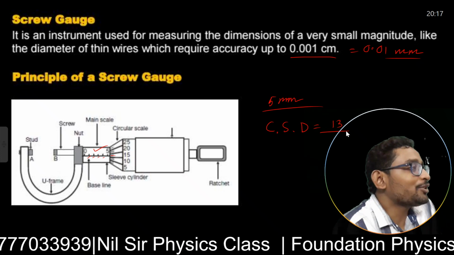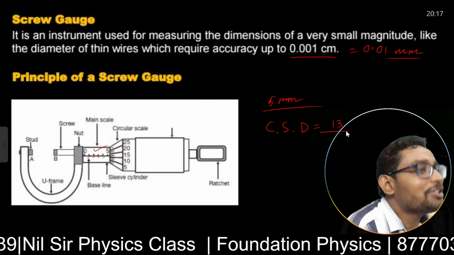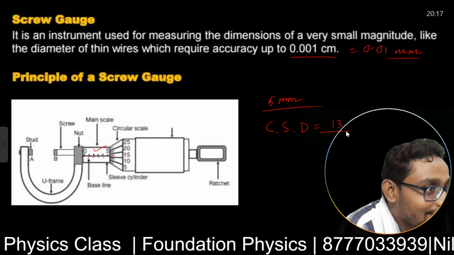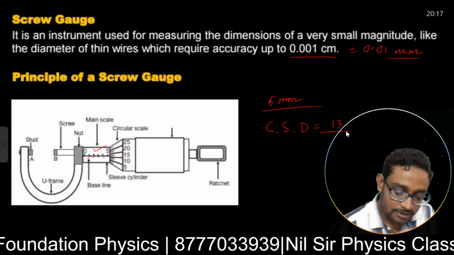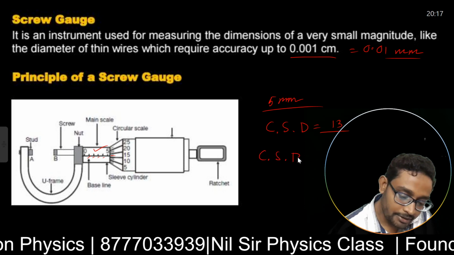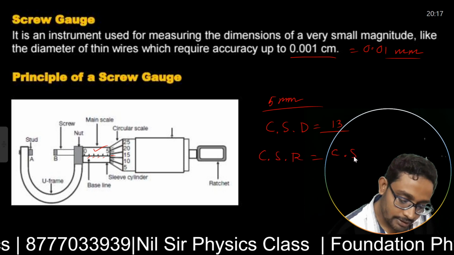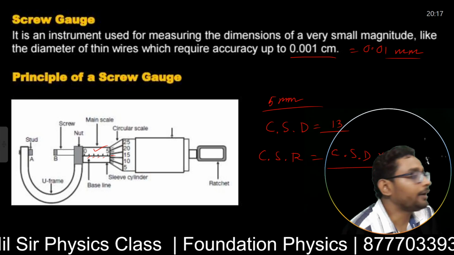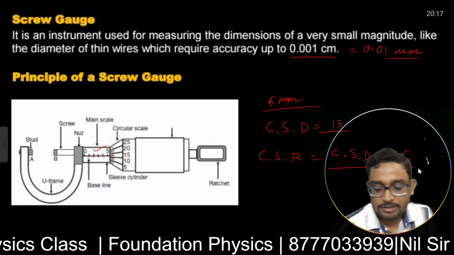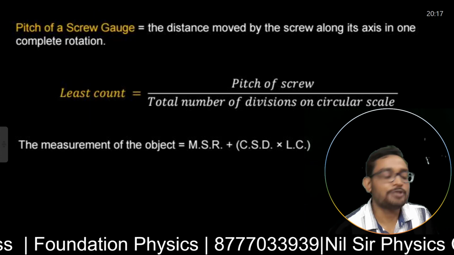Now in this case also you have to find out the least count. Then you can calculate the circular scale reading. Circular scale reading will be circular scale division times least count, correct? What is least count in this case? Very easy.